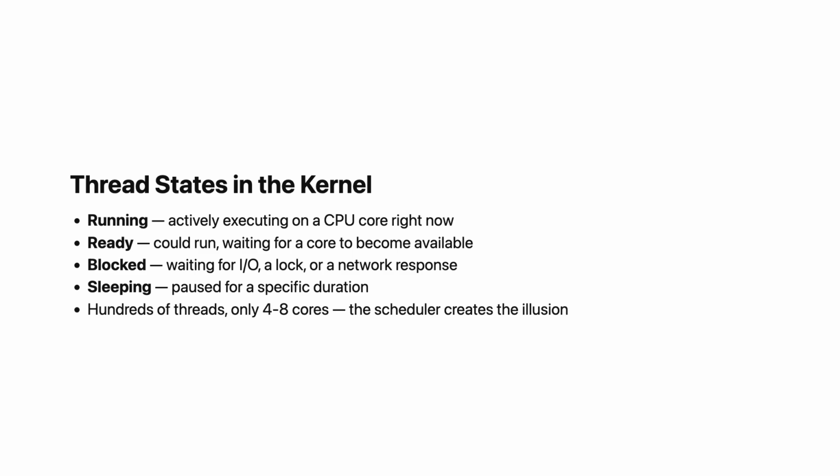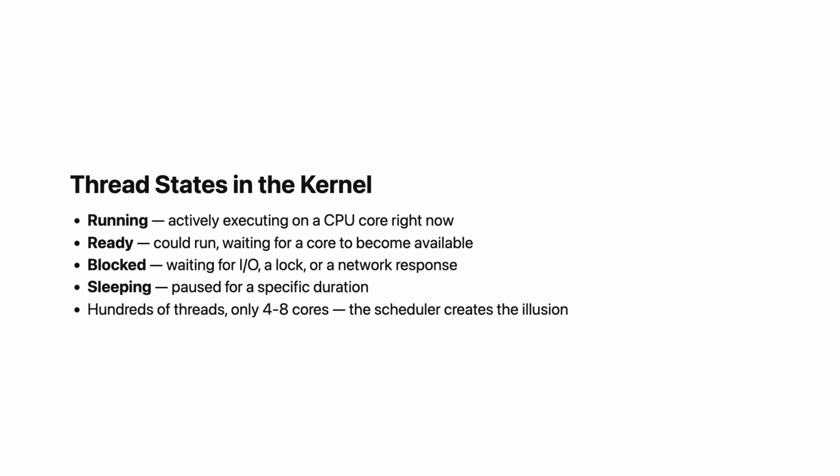Or it might be sleeping, meaning it asked to be paused for a specific amount of time. The kernel scheduler is constantly looking at this list and deciding which thread gets to run on which core and for how long. On a typical Android phone, there might be hundreds of threads across all running apps, but only 4 or 8 CPU cores. The scheduler's job is to give the illusion that everything is running simultaneously, even though at any given instant, only a handful of threads are truly executing.